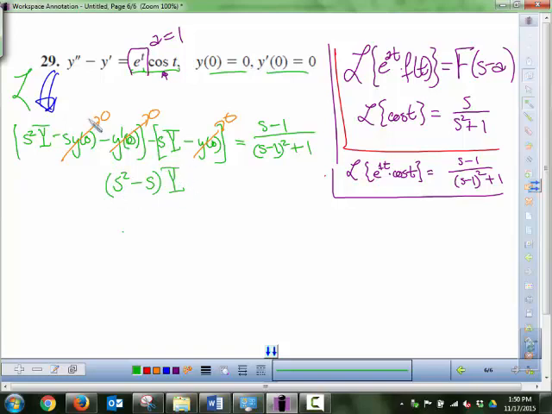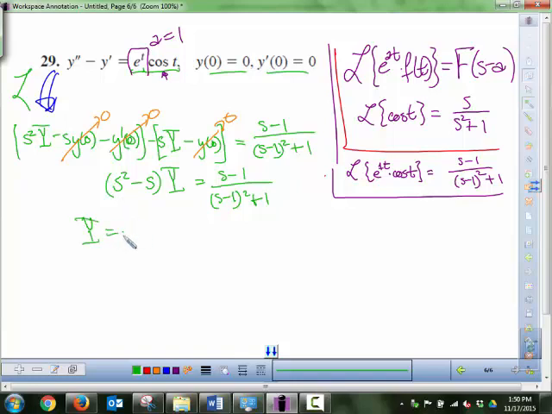No other constants to bring over to the other side. And then we have s minus 1 over, I'm really tempted to multiply this out, but if we multiply this out, we might have to complete the square back. We'll just keep it the way it is for now and see if we need to do any more work. So we divide by s squared minus s.